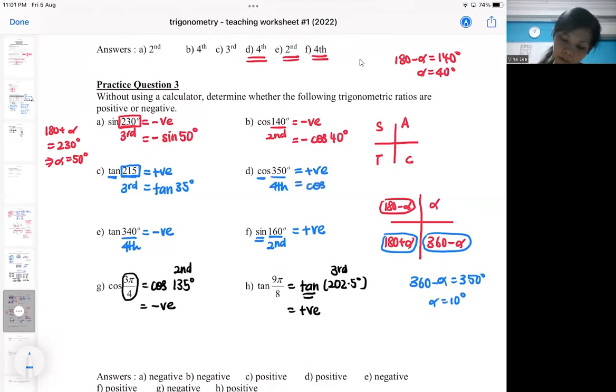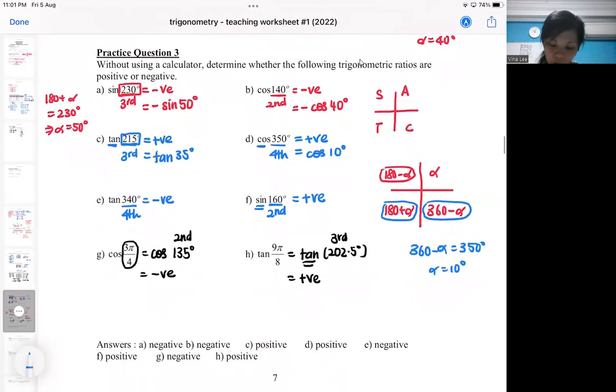So you get a positive cosine 10. The next one, fourth quadrant again. Take the fourth quadrant formula, equal to 340. Your alpha is 20. So that will be negative tangent 20.